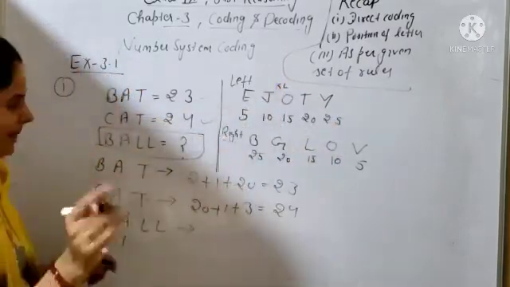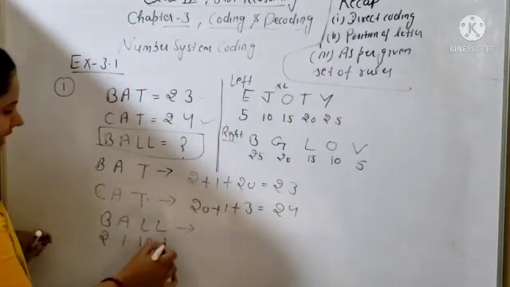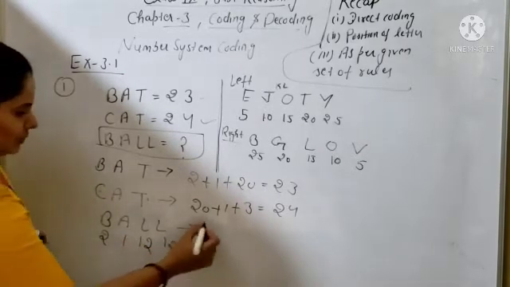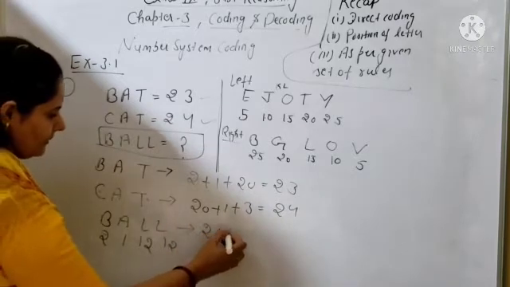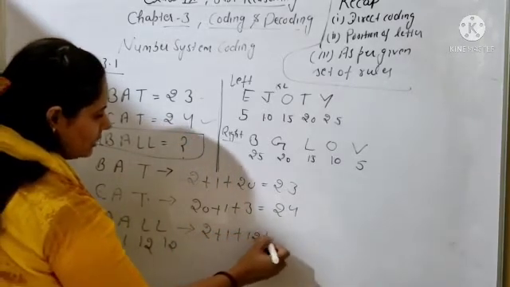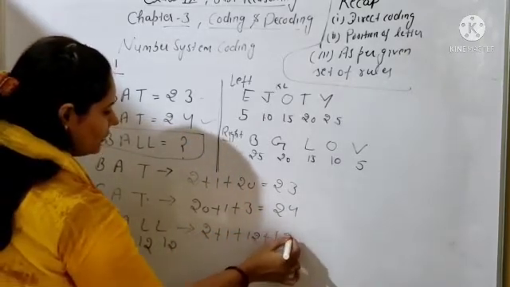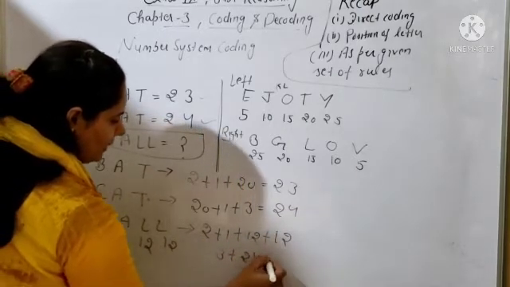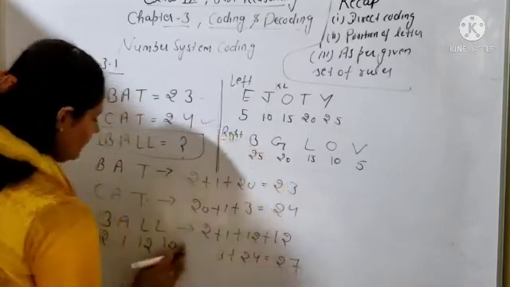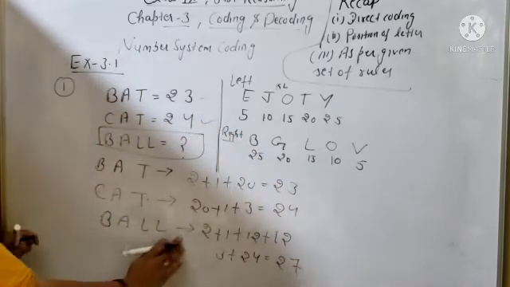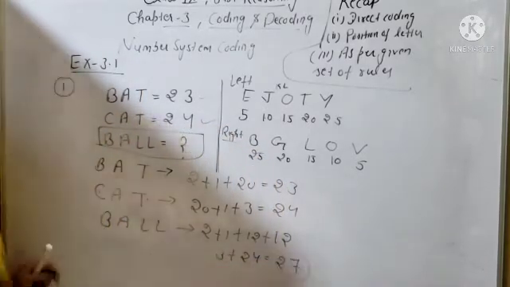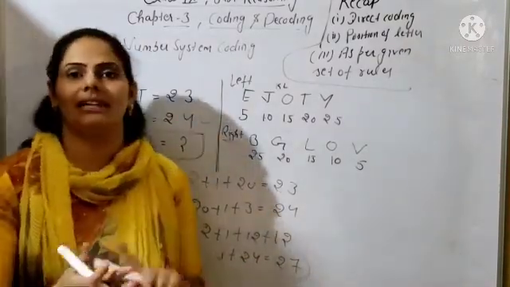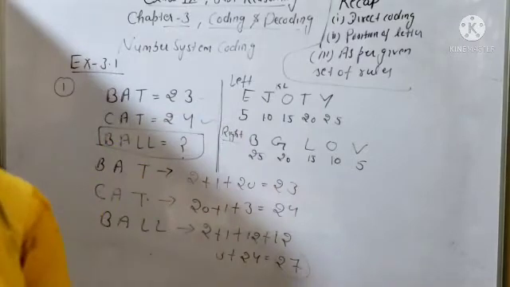L position will be 12, and this one will also be 12. Clear? Now you can add them: 2 plus 1 plus 12 plus 12. So 2 plus 1 is 3, 3 plus 24, it will be 27. Clear? So BALL is represented by 27, the correct answer. In the answers they can give options like 26, 27, 28, 29. Is this visible, beta?